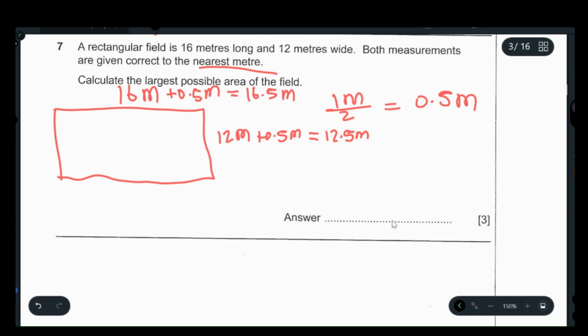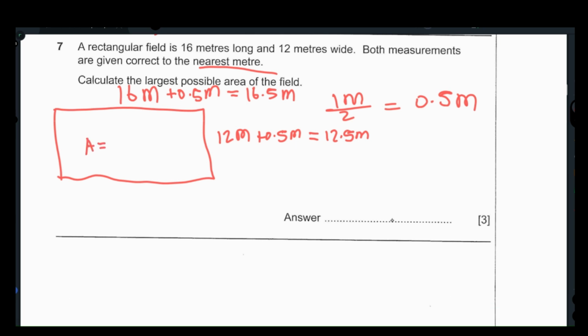So to get the area, we would say area will be equal to 16.5 meters times 12.5 meters, and that will give us 206.25 meters squared.